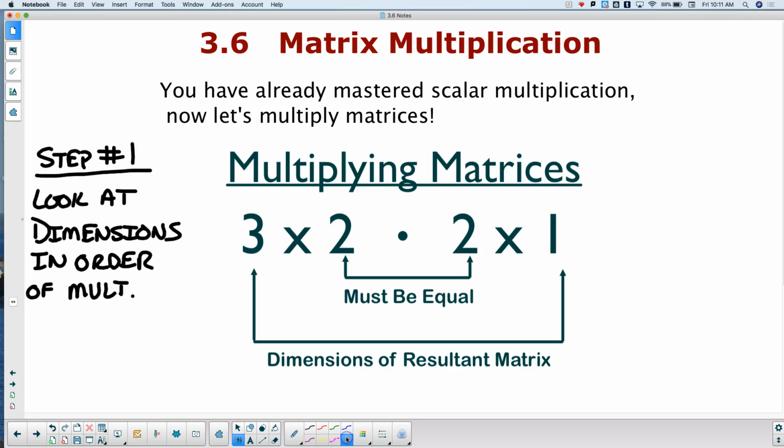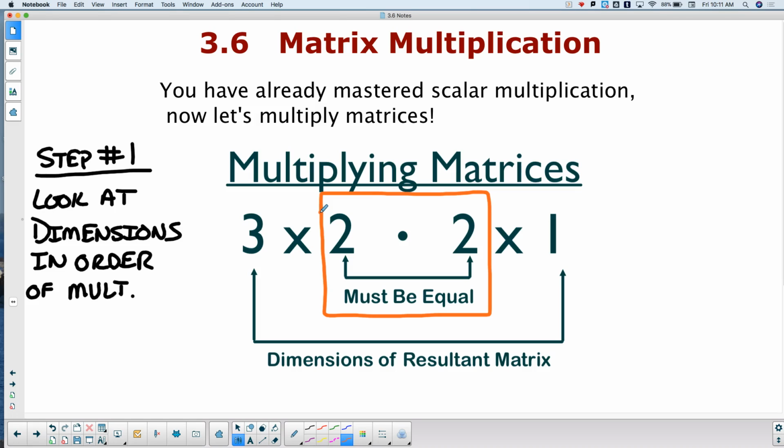This has to happen. These two numbers in there have to be the same. If they are not the same, you cannot multiply them with good math. Okay?